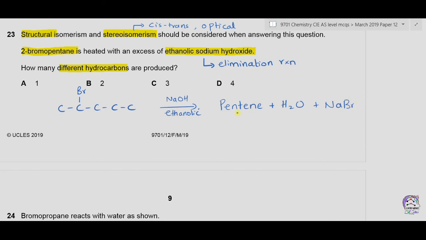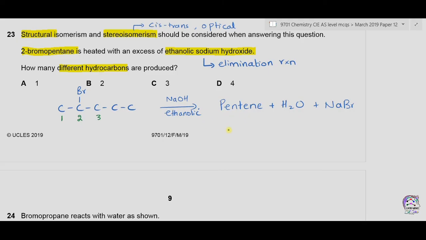Now let's find out the possible structures of pentene that are being produced. So elimination can occur between the first and second carbon, where hydrogen is removed from the first carbon and bromine is removed from the second carbon. Or elimination can also occur between the second and third carbon, where the bromine atom is removed from the second carbon and hydrogen is removed from the adjacent third carbon atom.